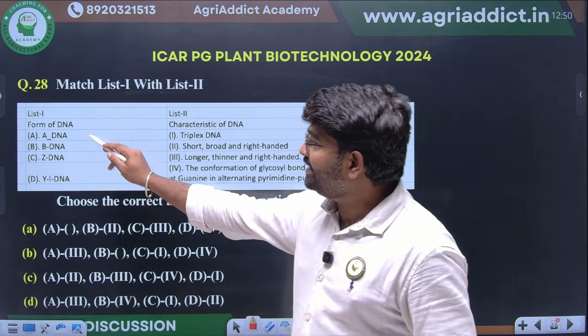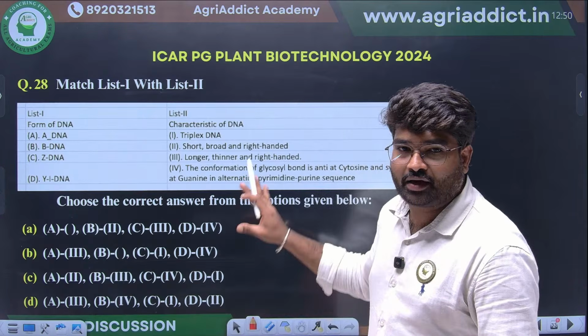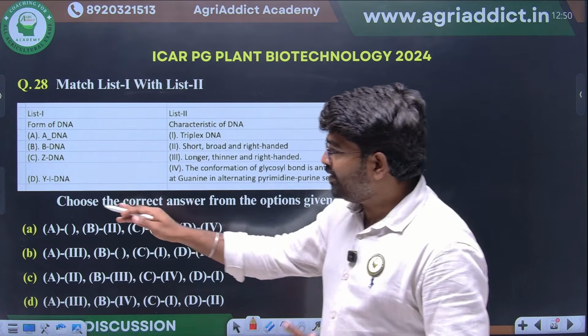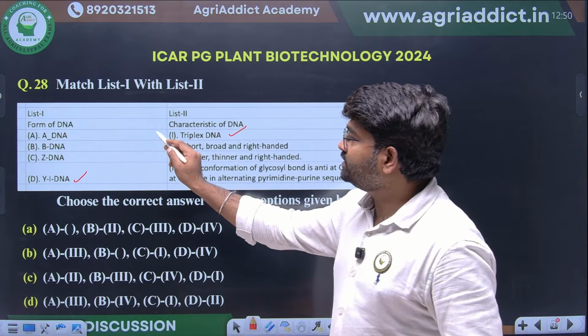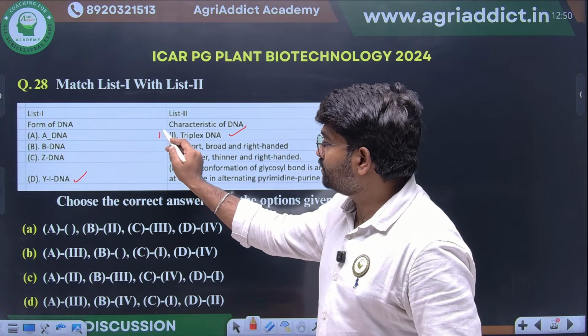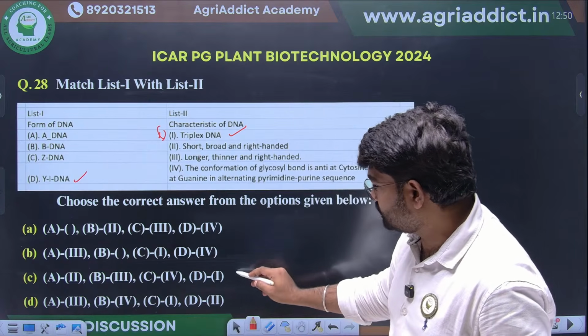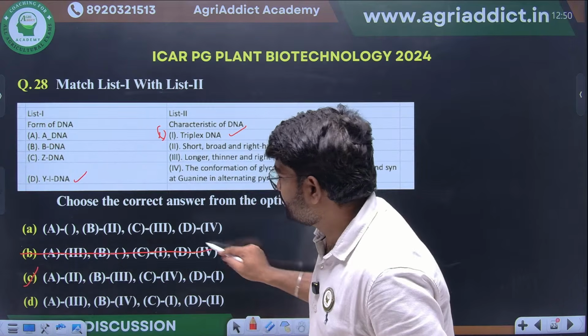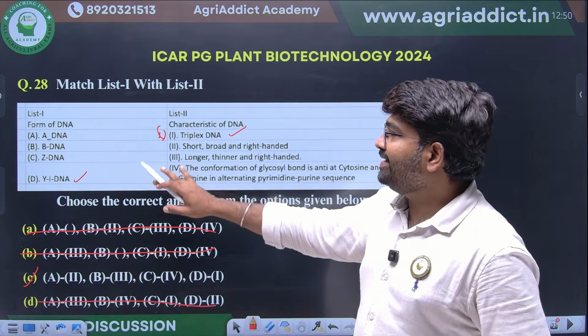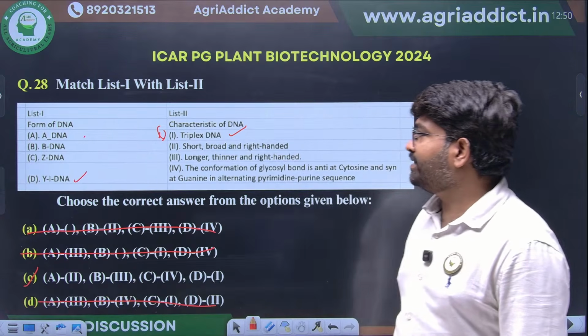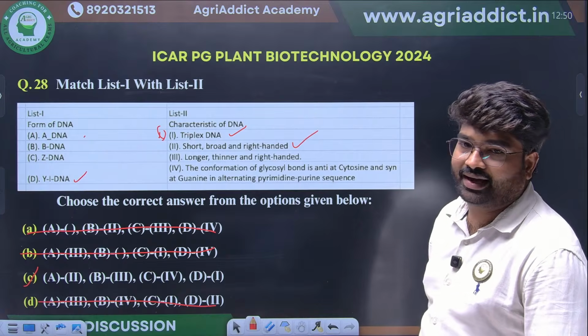Next, they have given the different forms of DNA and we have to match them. Work properly. We know Y1 DNA is a triplex DNA, so D will come to option 1. So this is the right option. We will discuss the remaining things also. A DNA is short, broad and right-handed.